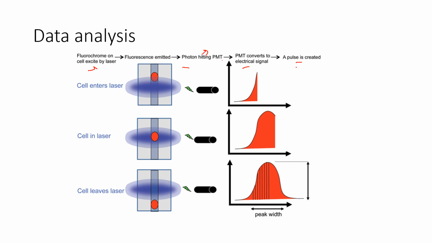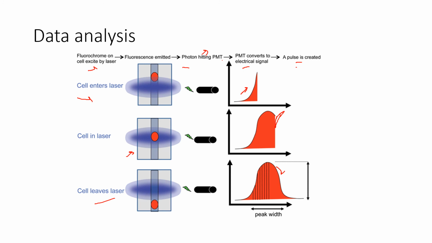When a cell starts entering the laser light, a voltage pulse is created like that. When the whole cell passes through the laser beam, this is the highest voltage pulse. When the cell leaves the laser light, the voltage pulse starts decreasing.